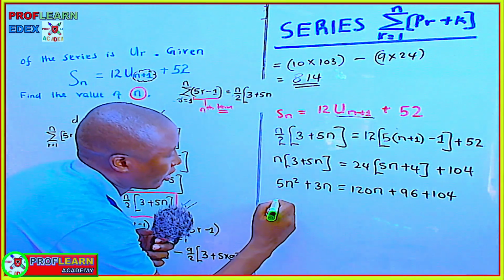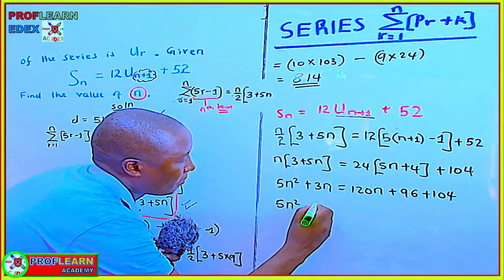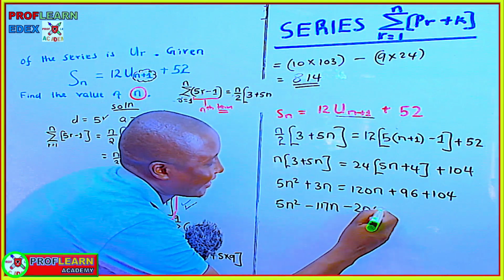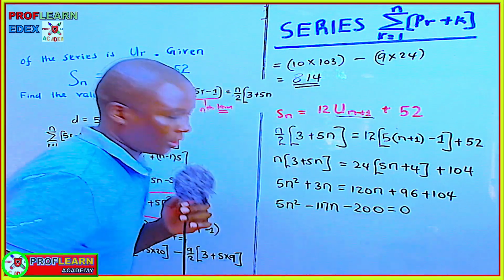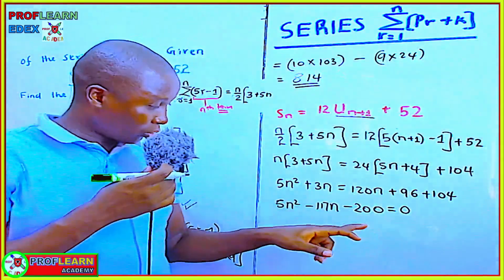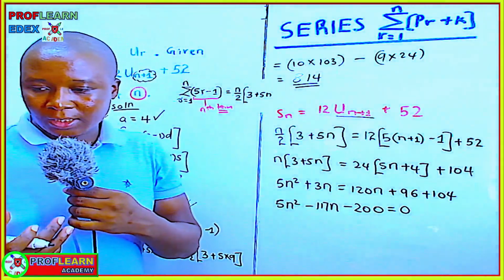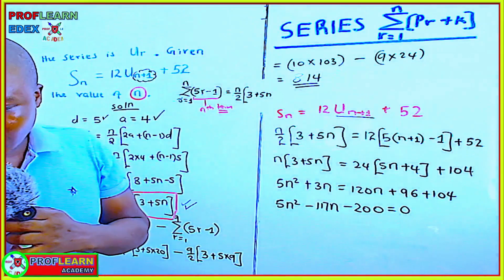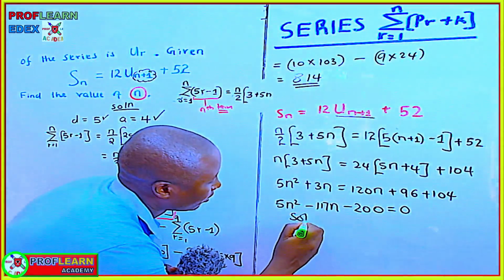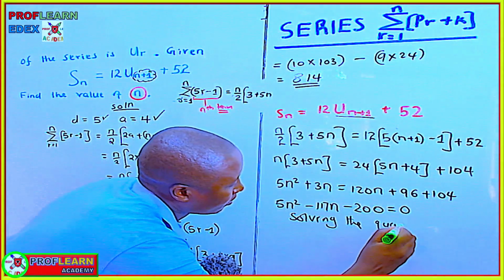And then we are going to have 5n squared minus 117n minus 200 is equal to 0. Now this equation we need to solve. We need to solve this quadratic equation so that we can get what this translates to.